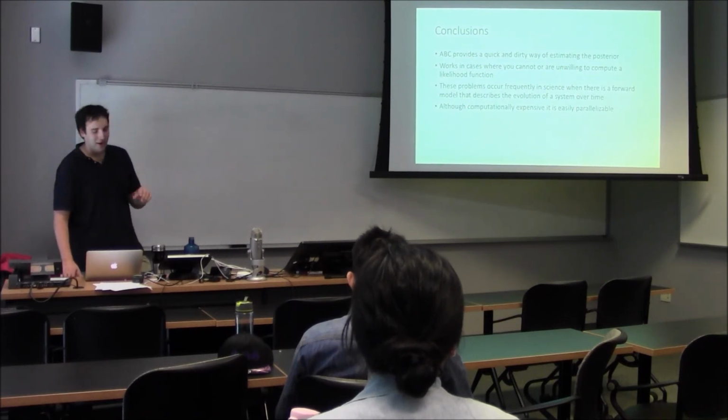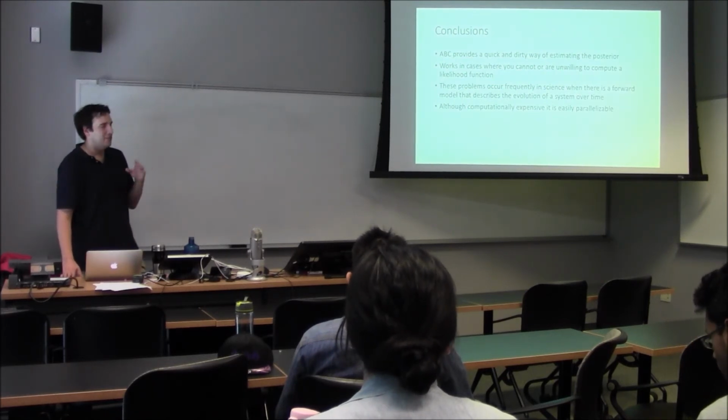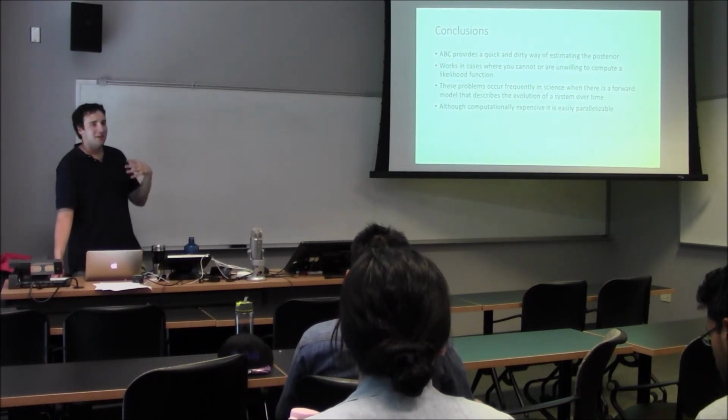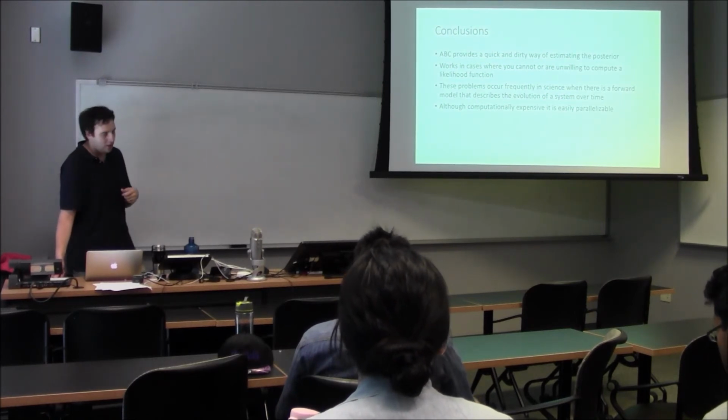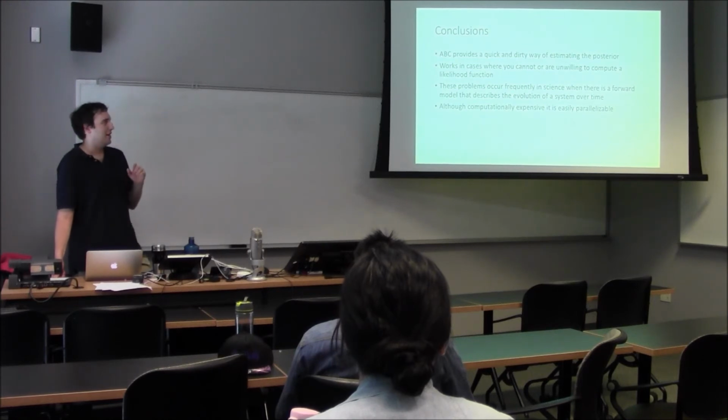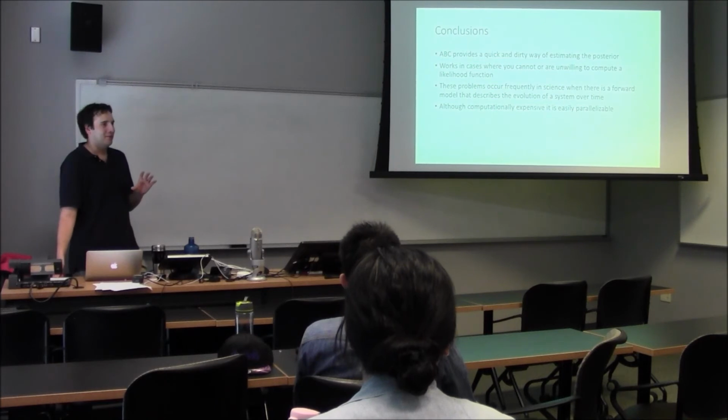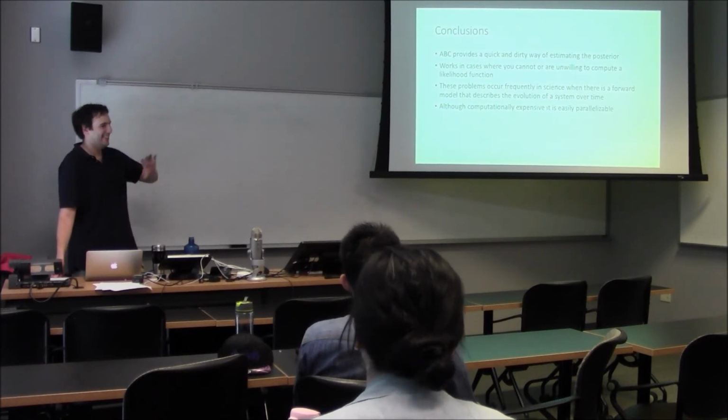But the positive is that ABC is a nice, quick, little bit dirty way of estimating a posterior. It works in cases where you cannot or are unwilling to compute a likelihood. So it's great for lazy people like me.